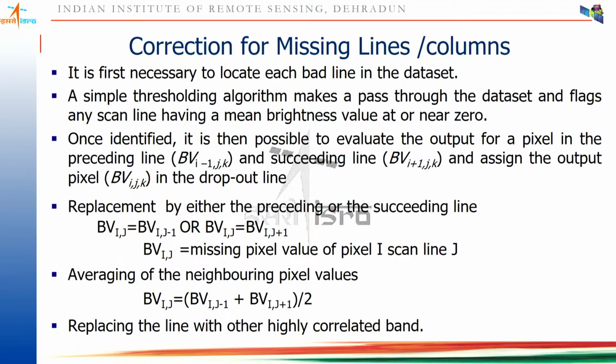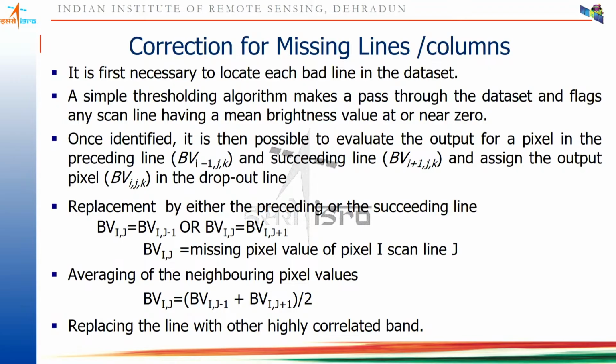So once the bad line is detected, there are three main methods to correct it. One is to replace the line of zeros with the preceding line having values or the succeeding line having values. Another could be to average the preceding and the succeeding line from the same band, right.